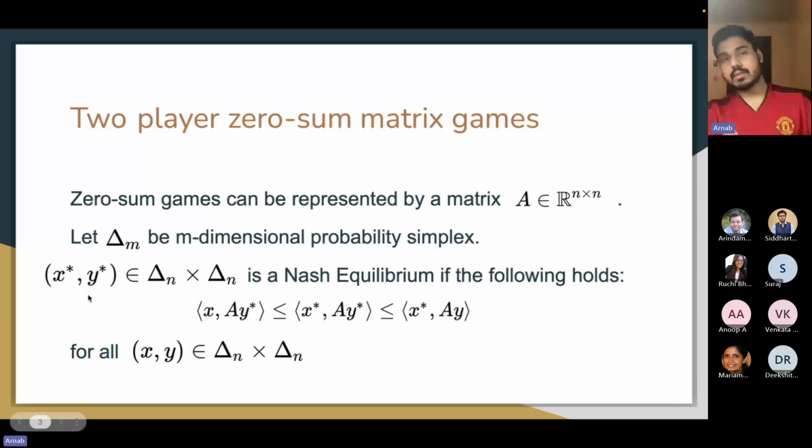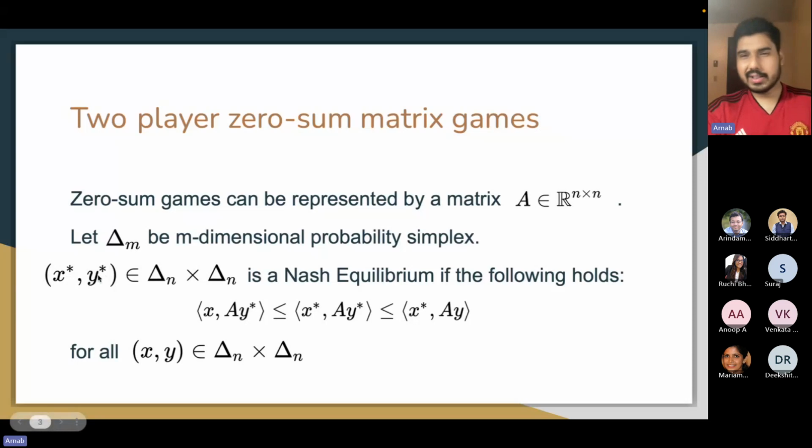Typically in zero-sum games, there's a concept of Nash equilibrium. First, I'll give a very intuitive definition. A pair x star, y star from delta n cross delta n, so basically a pair of probability distributions, is a Nash equilibrium if, in some sense, the players cannot deviate from this probability distribution and get a better reward.